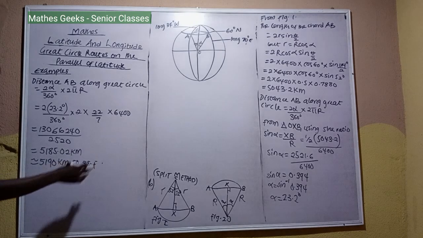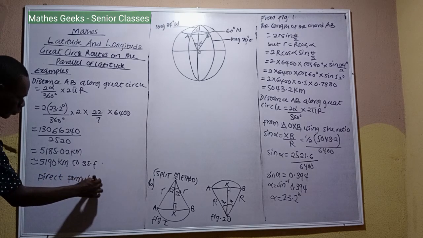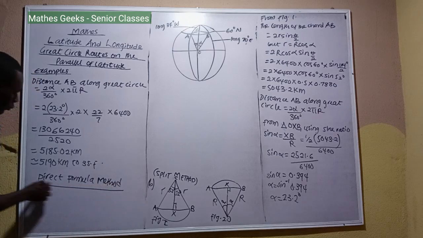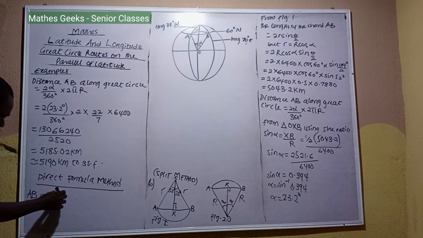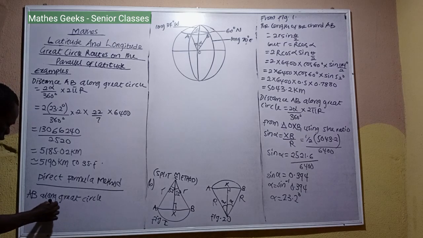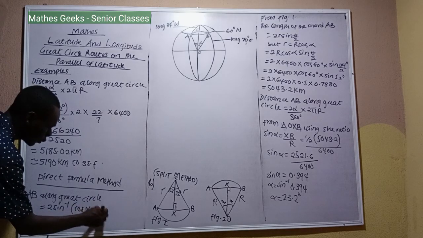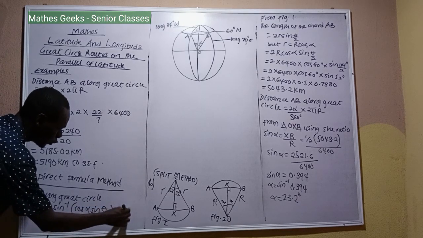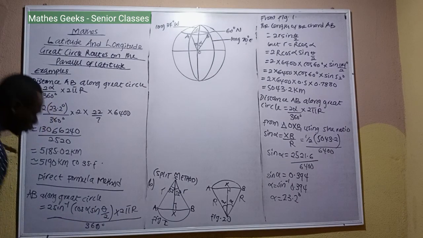So I'm going to say the split method, direct formula method. Okay, and that is the distance AB along great circle is equal to 2 arc sine of cos alpha sine theta over 2, times 2 pi r over 360 degrees.